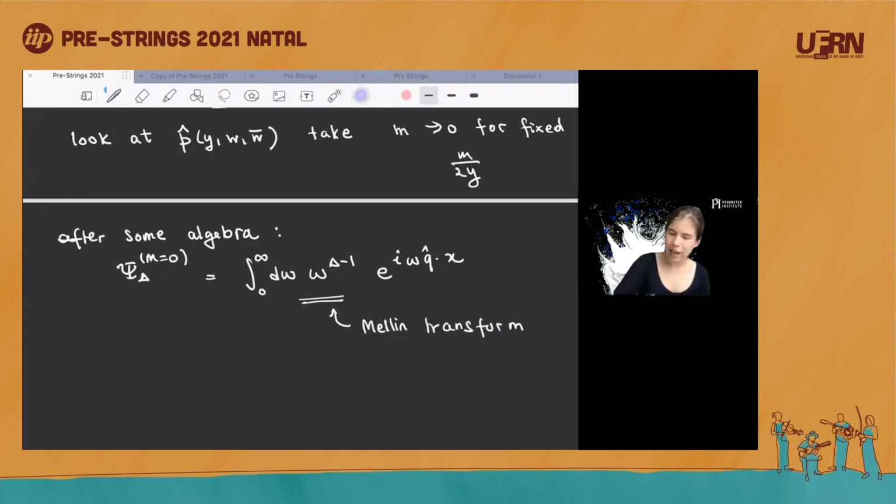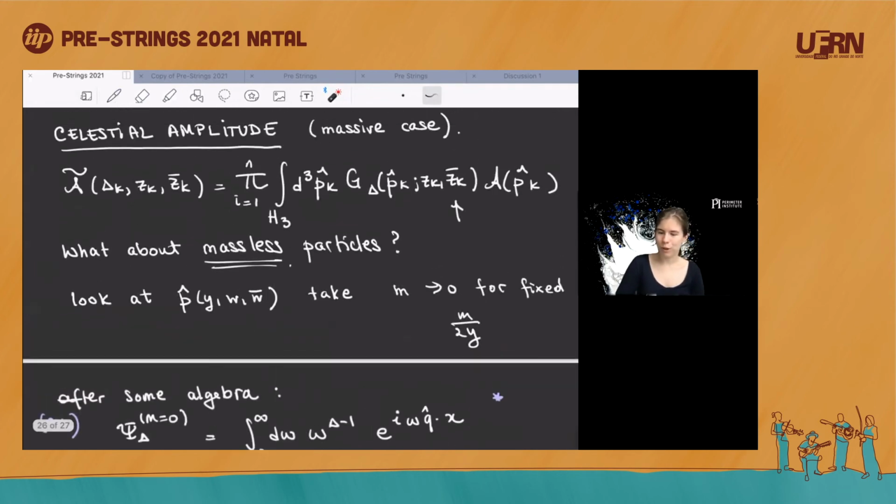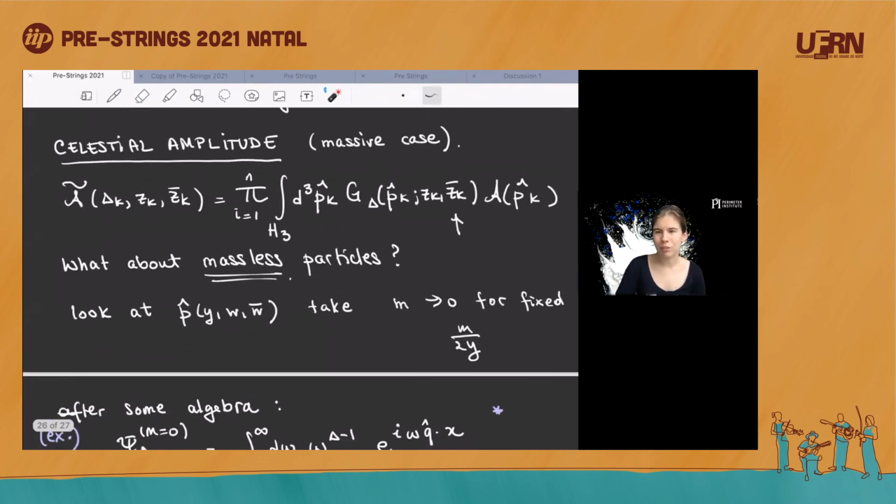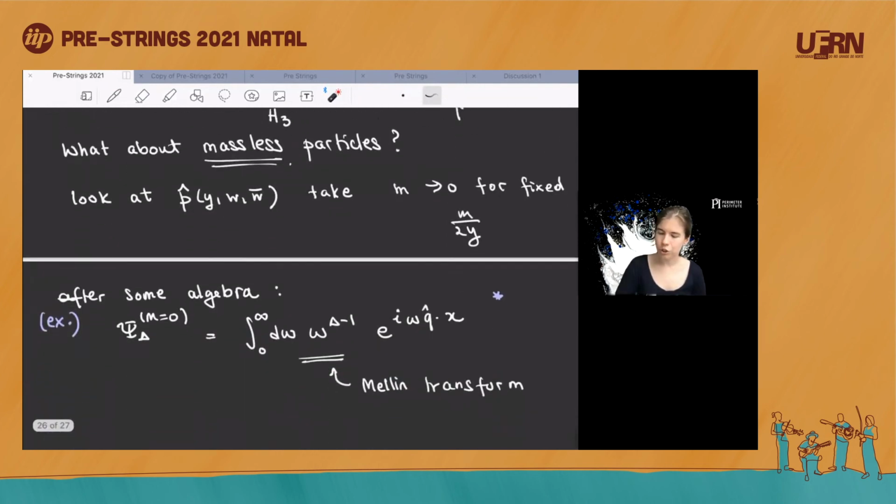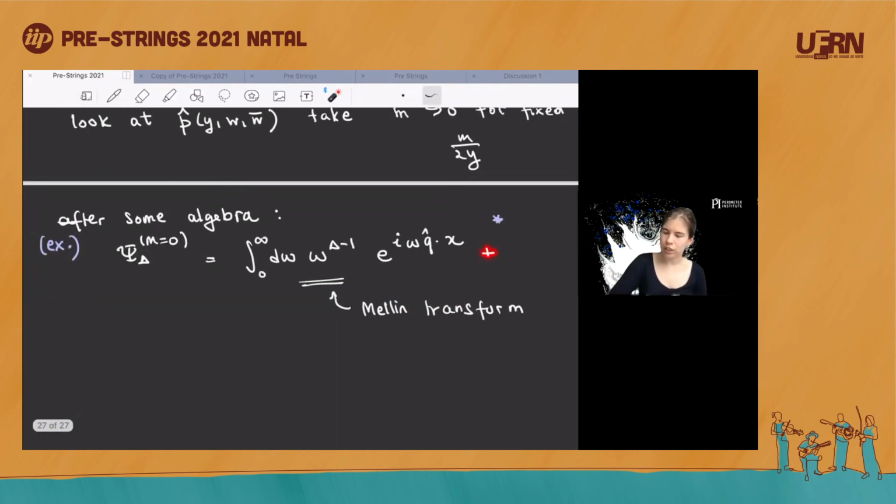Okay, so now there is a caveat here. If you actually go through the exercise, you're going to see that there is an additional contribution. The bulk to boundary propagator is not going to be just a delta function, but it's going to have another conformally covariant term, which is going to correct this formula by a term which is the so-called shadow transform of the first piece.